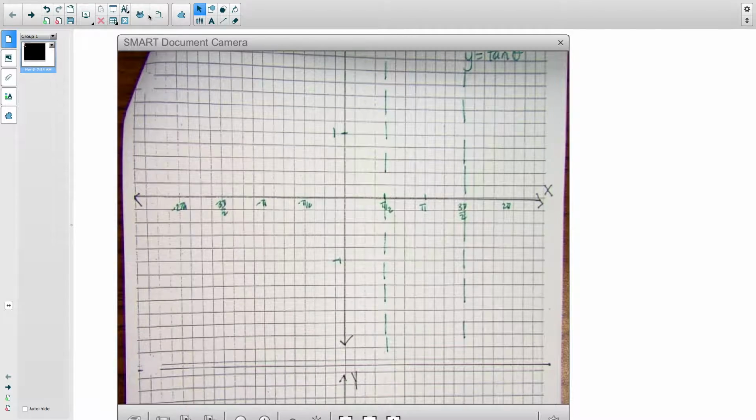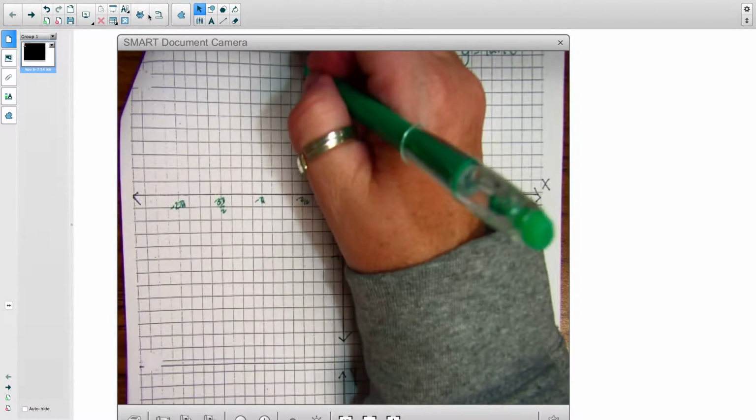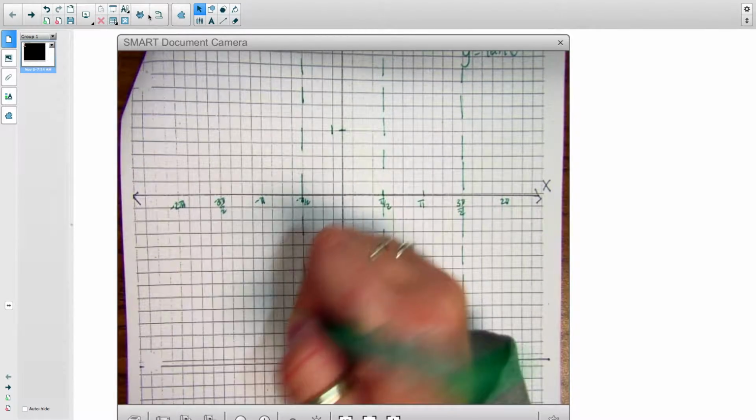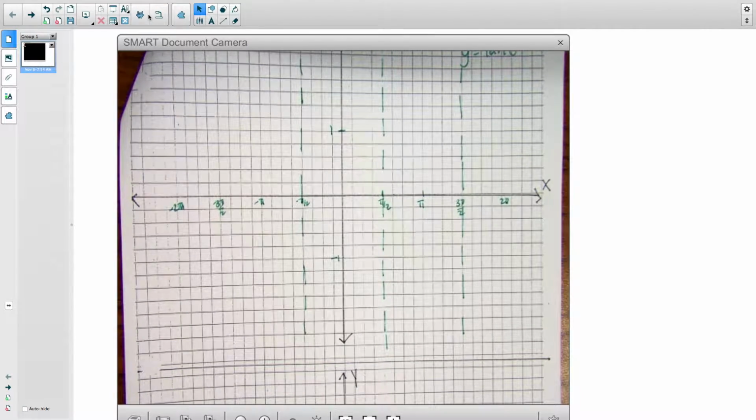Now if I went the negative, where's my first undefined going down? Negative pi over 2. And then when I rotate, negative pi over 2, negative 3 pi over 2.